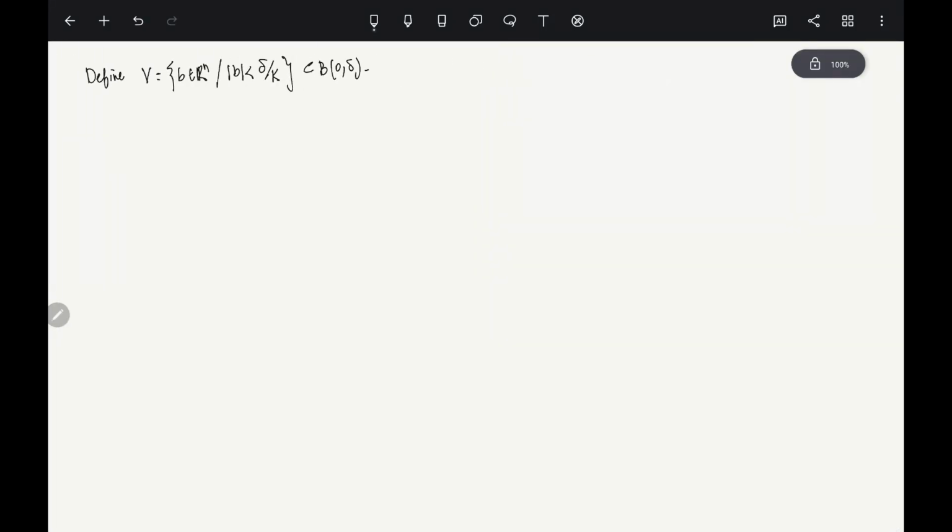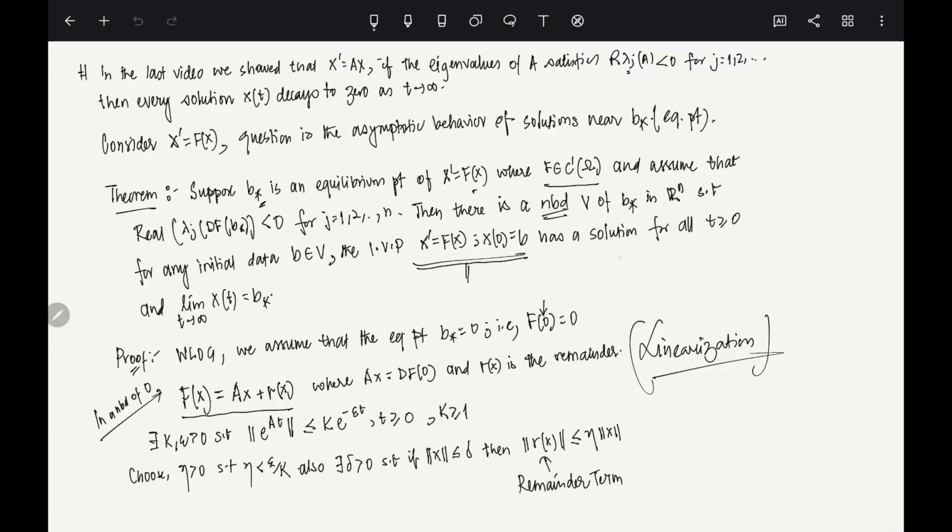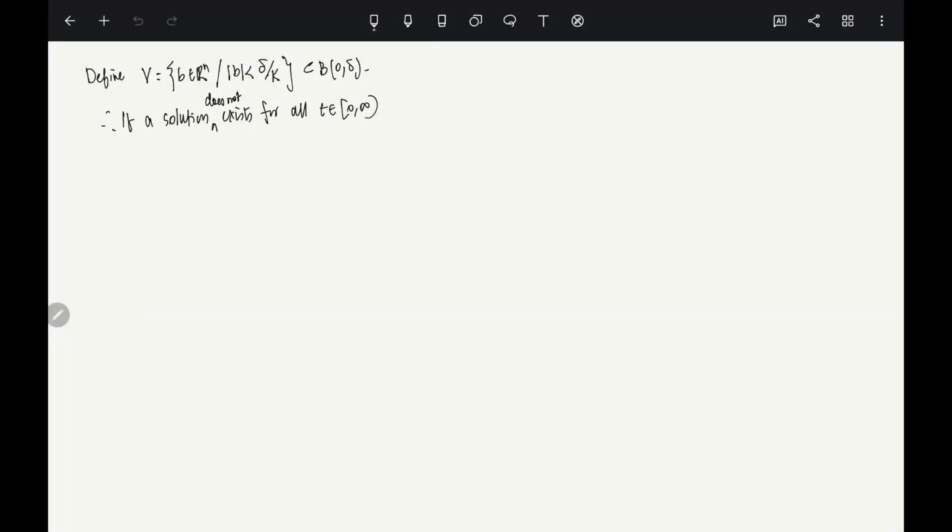You understand? So therefore, if a solution exists for all t in 0 to infinity, see, we have to prove it exists for all time t. So basically what we are assuming is this. Let's say the solution does not exist for all time t, then you cannot put it in B0 delta bar.